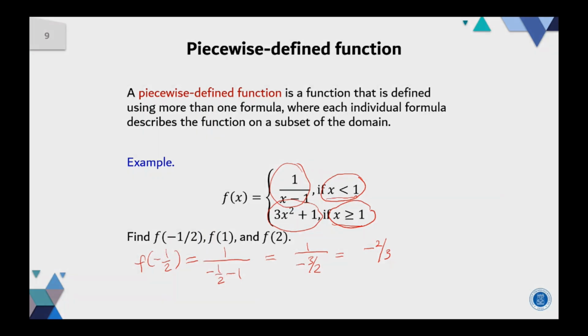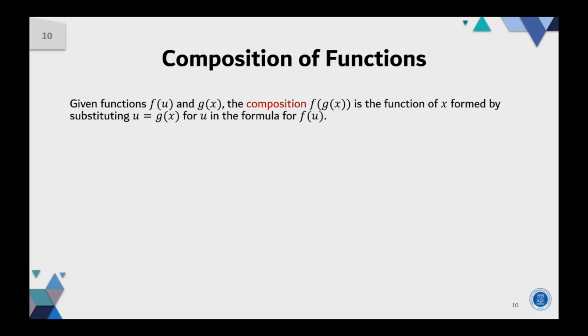And now we will move to another concept of functions, which is what we call the composition of functions. If we have two functions, we can combine them together. How to combine them? We can combine them in many different ways.